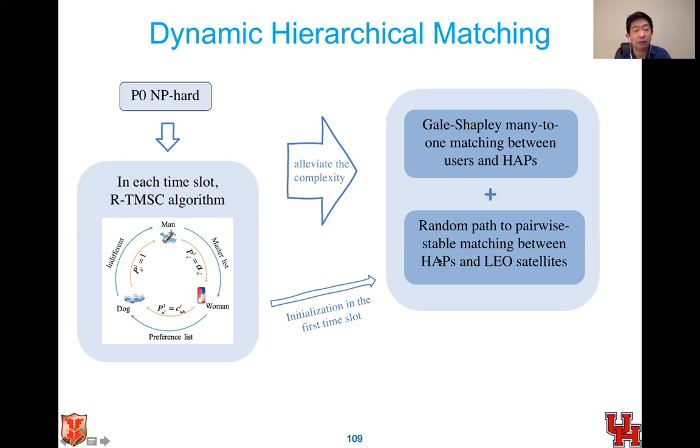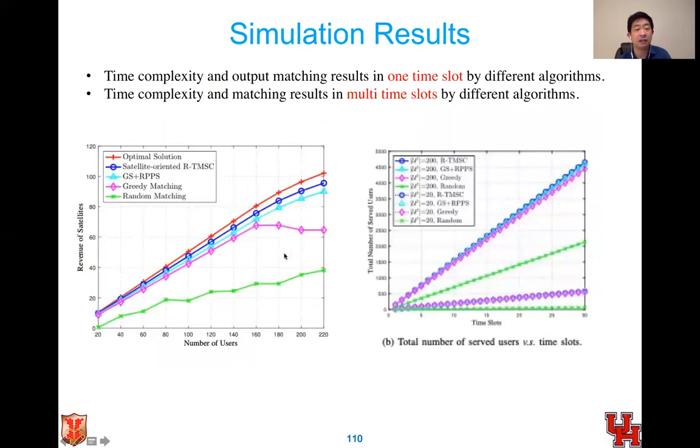By doing this, we don't need to calculate the algorithm for each time slot, and we can update it quicker. This is the key idea. Here the performance compares the optimal solution, the proposed suboptimal but linear complexity solution, and the other existing solutions in the literature.